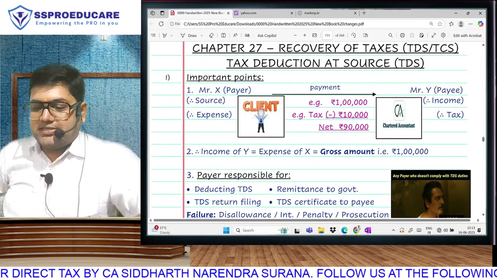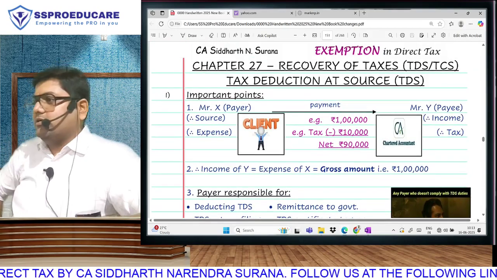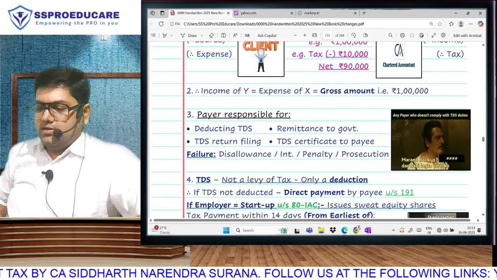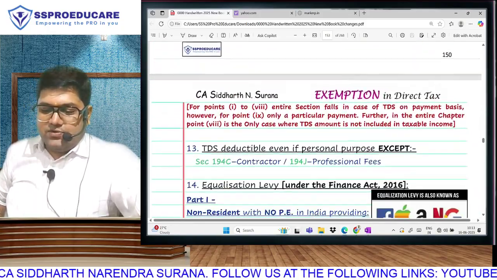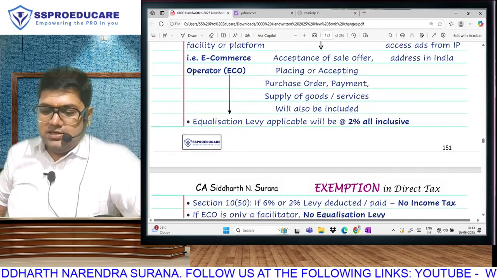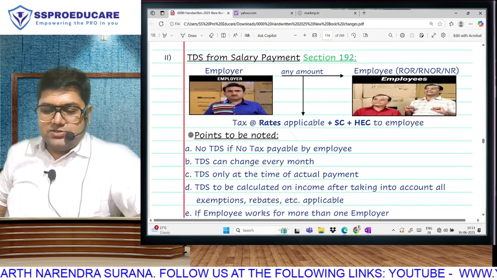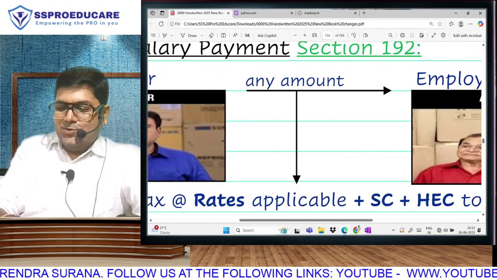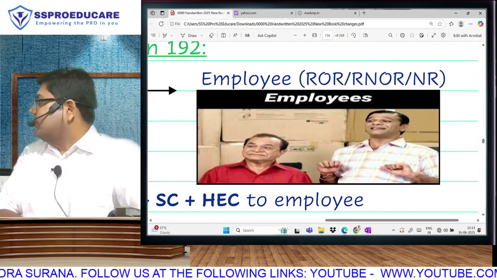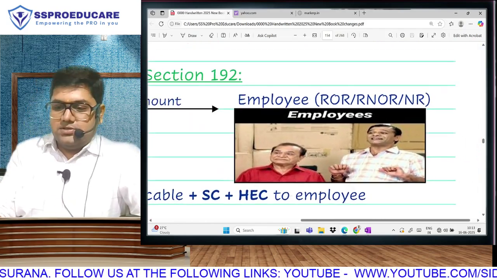So in TDS, basically when one person makes payment to another person, the payer has to deduct TDS. I'll discuss more about this with you. If, for example, I had to teach someone about TDS on salary, I say there is an employer who is making payment of salary to his employees.